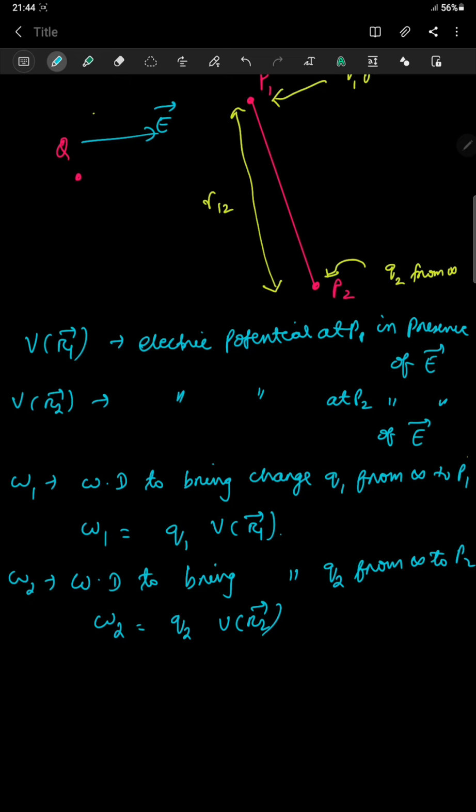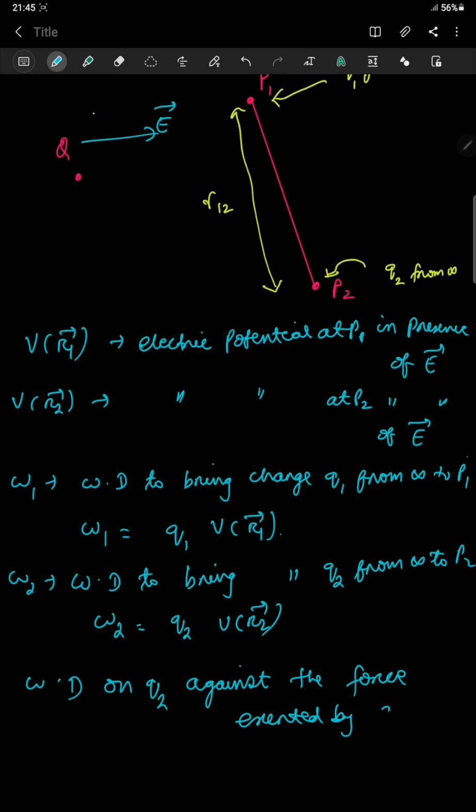Apart from that, while bringing q2, there will be another work done. Why? Because of the charge q1 which is present before you bring the charge q2. Okay, for that, the work done on q2 against the force exerted by q1 will be k q1 q2 divided by r12.